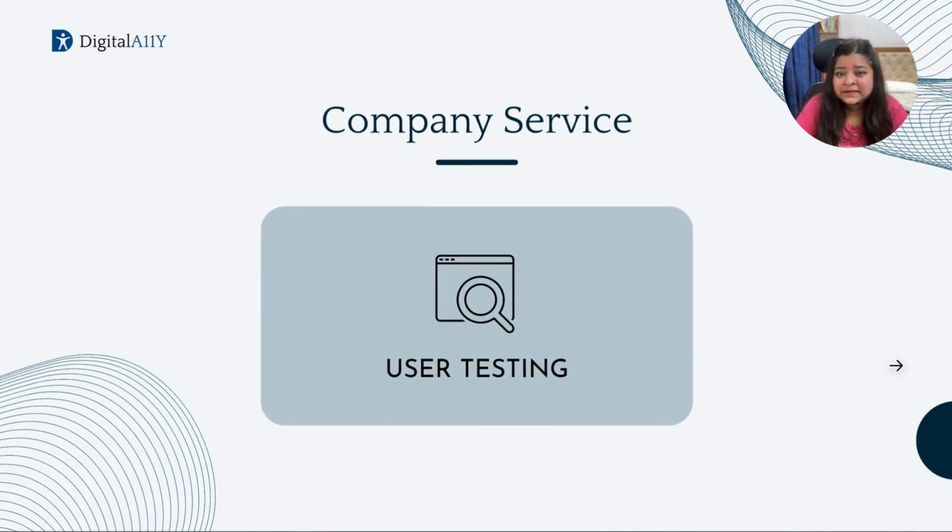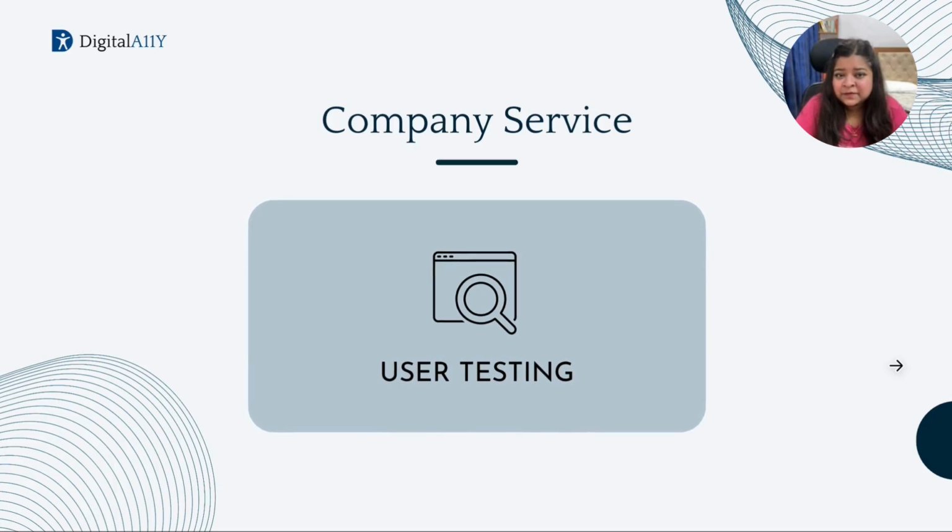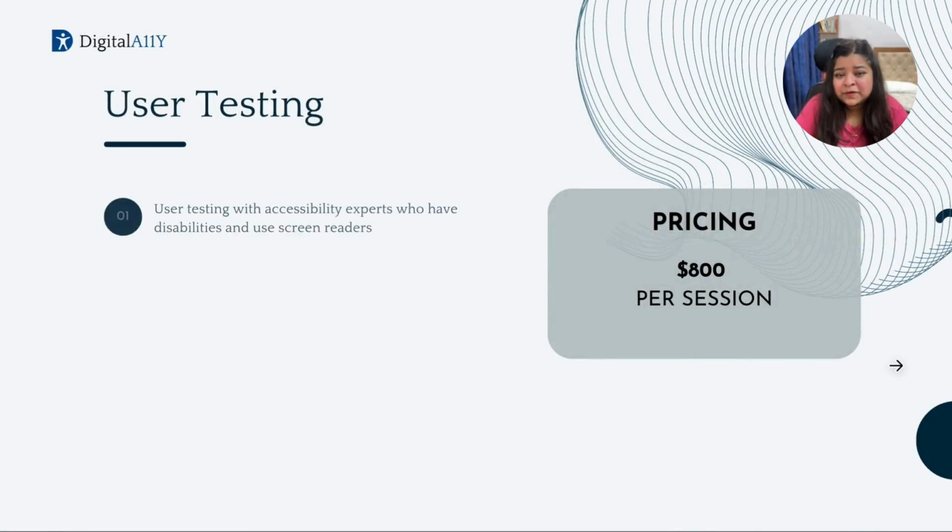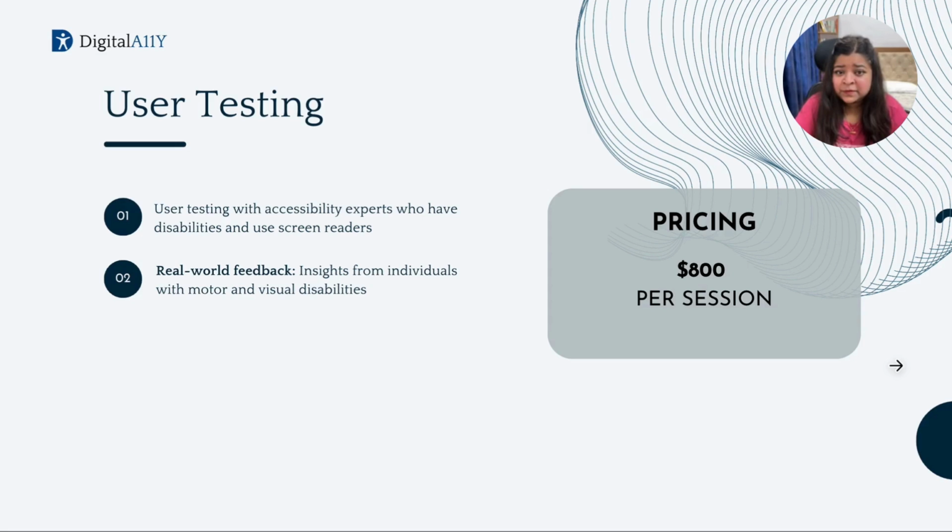Now, while audits give you a comprehensive overview, we also offer user testing with accessibility experts who have disabilities and use screen readers. Now, this testing is generally a part of the audit, but if you want insights from individuals with various disabilities for real-world feedback, each session would cost you around $800 per session.